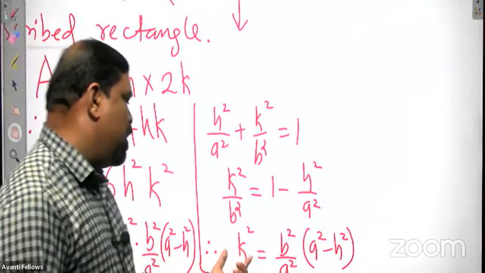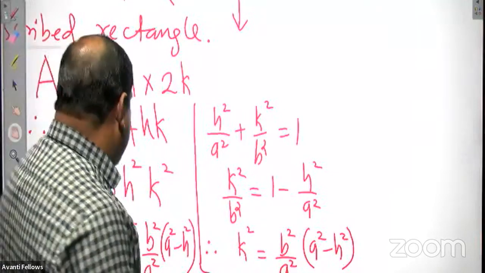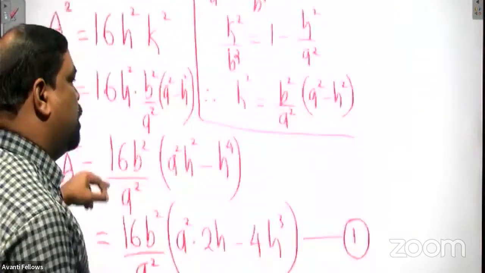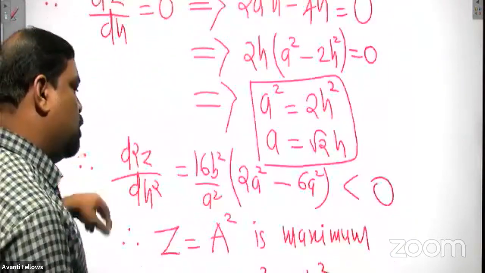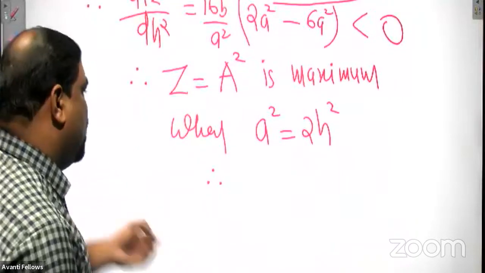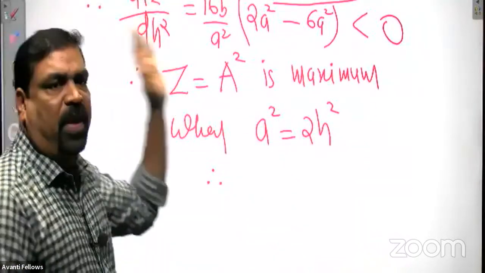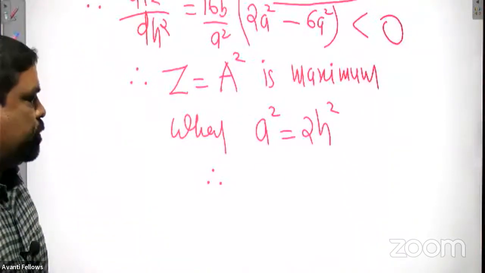So from here you will get the value of k square. So that can be done by yourself. Okay. So after getting h, you find the value of k, and both value you can substitute in the area. So that will give the maximum area. Okay.